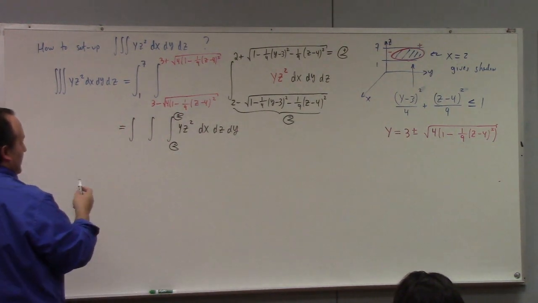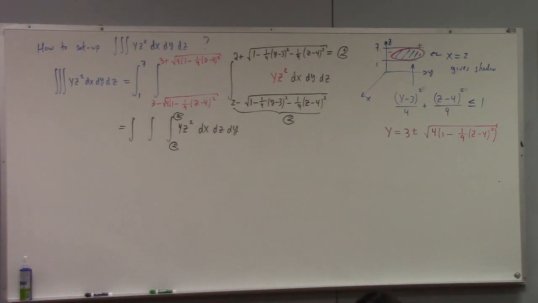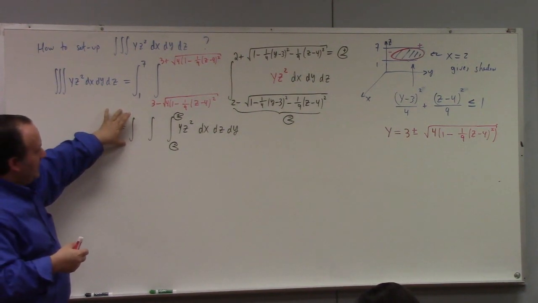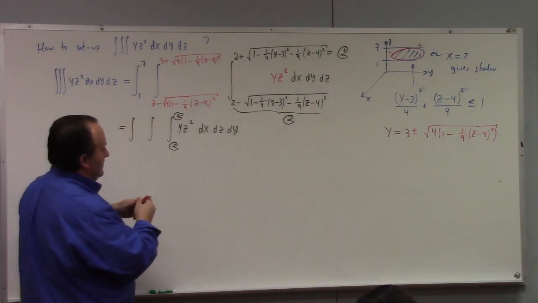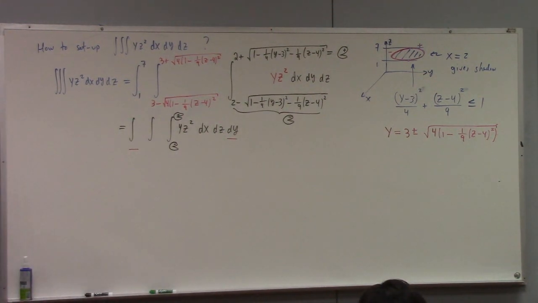But then, the other easy low-hanging fruit, it would be the outermost bounds, which is what? What would the y range over? 1 and 5. Y goes from 1, yes, 1 and 5.